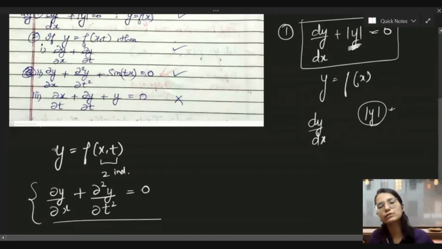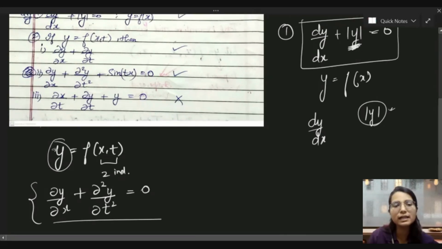So someone asks you if this is a differential equation. Yes, of course it is, because we have the dependent variable y and the independent variables x and t. And we have the derivative of the dependent variable with respect to the independent variables, maybe x, or in the second term it is t. So x and t both are independent variables, and these are partial derivatives.